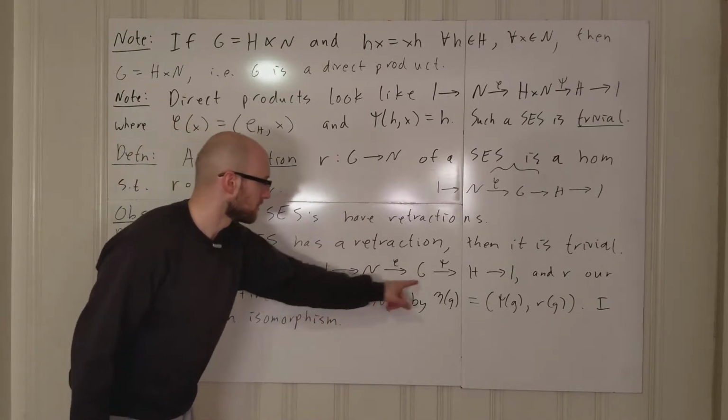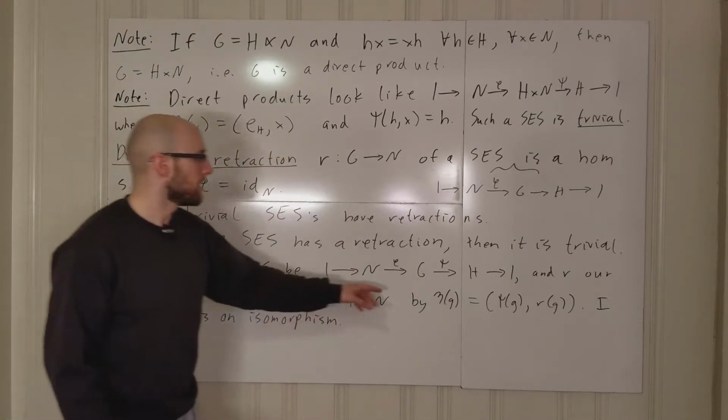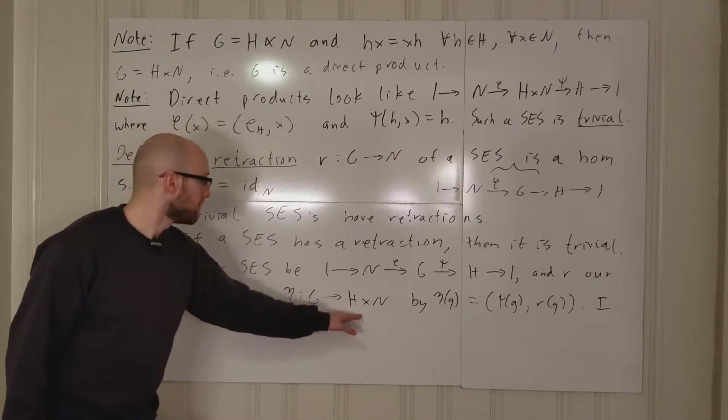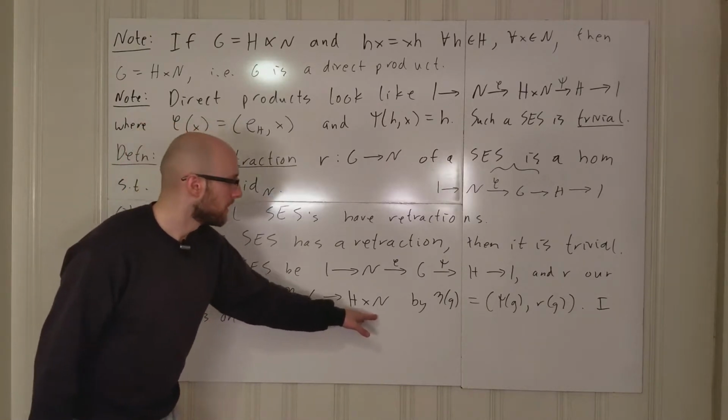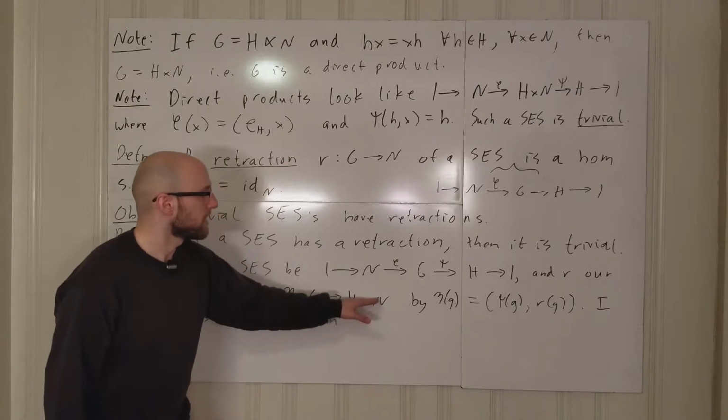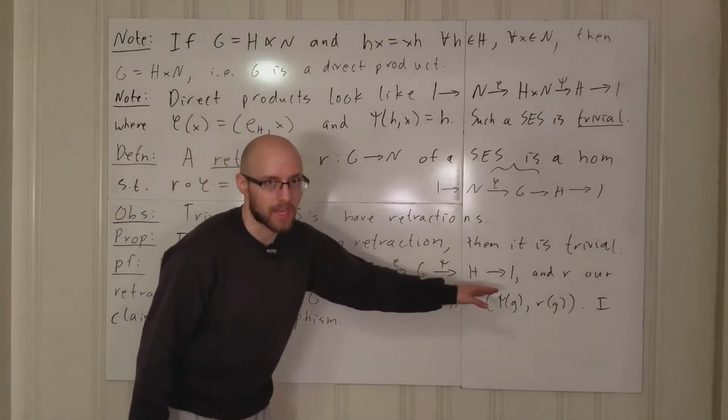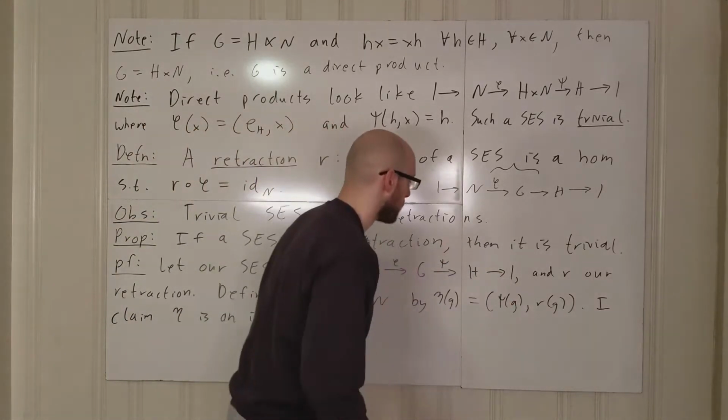And then from H cross N, because eta is an isomorphism, we'll go through eta inverse and then through psi, and that will take us to H, then to 1.